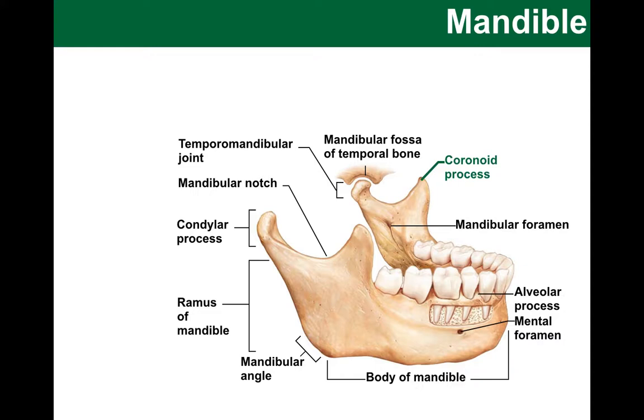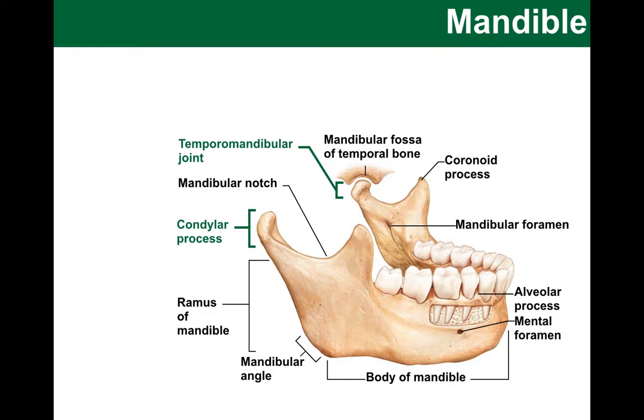It serves as an insertion point for a large temporalis muscle, which you will learn more about later in this course. Now, let's look at the more posterior of these 2. This is condylar process. It forms the temporomandibular joint, also known as the TM joint of the jaw.